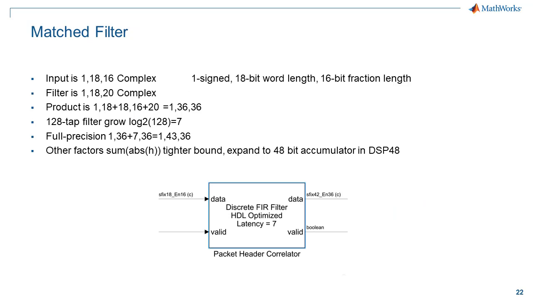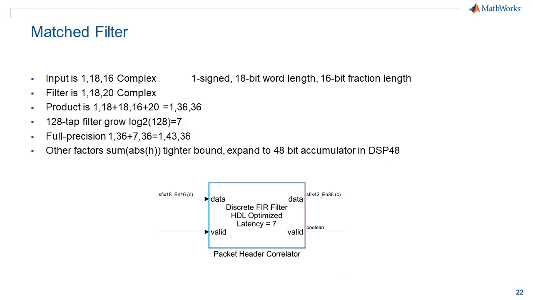So if you take a look at the match filter here, in the problem at hand, the input is going to be a 1, 18, 16. We talked about the range on that before. In this case here, the filter coefficients are 18 bits of word length, 20 bits of fraction. If you want to do the bookkeeping there, the product of those results, you would actually add the word length and add the fraction length.